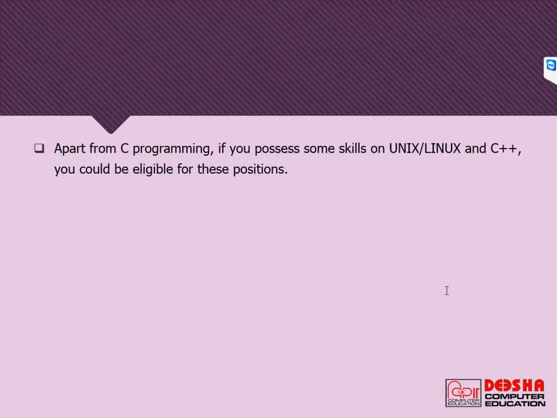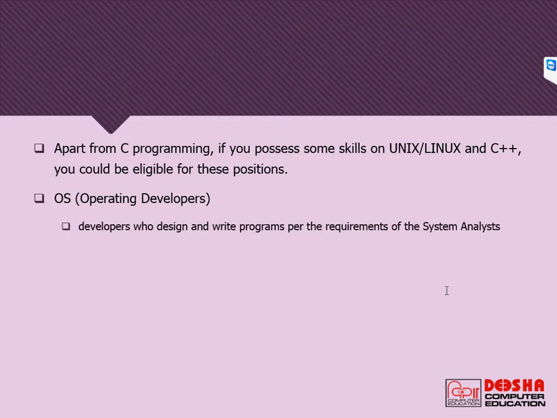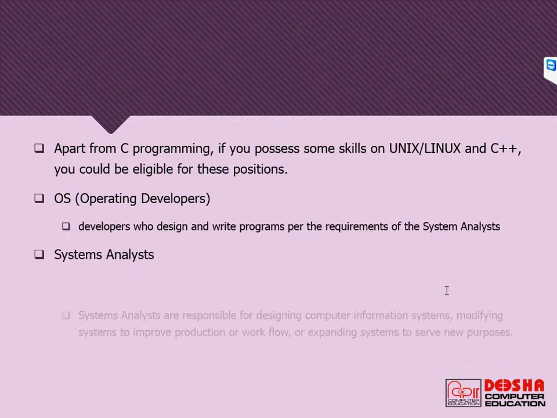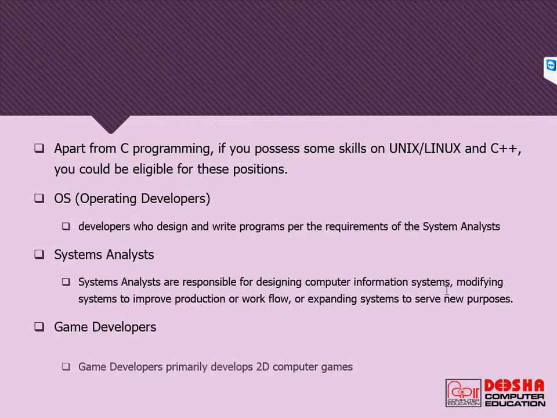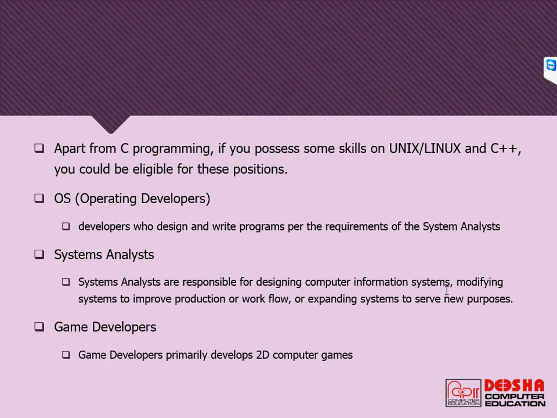Apart from C programming, if you possess skills in Unix, Linux, C++, you would be eligible for positions like operating system developer, system analyst, game developer. After learning C and C++, we can work as a developer who designs and writes programs as per the requirements of the system analyst.